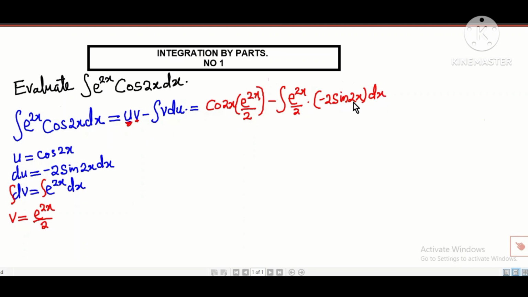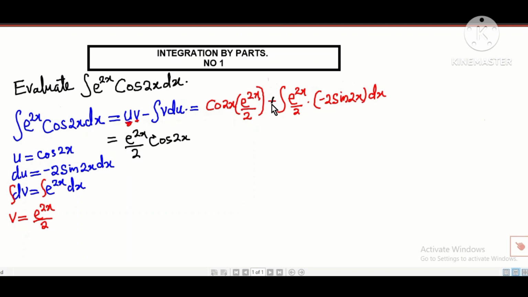So this is what we have gotten. Now let us simplify it. Let me use a black color. This is going to be equal to e to the power 2x first, then cos 2x.